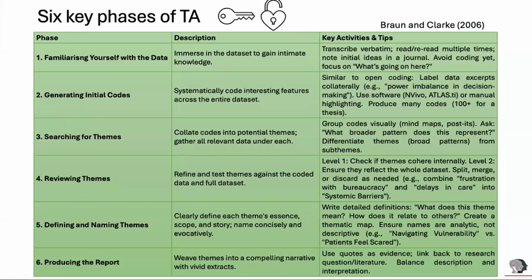And the second level would be to ensure that the themes reflect the whole data set. And like I've mentioned, you don't want to miss out any of those interesting issues that you coded as you initially started your process of data analysis. So it's very important to be looking back to your data set and see which aspect of your data set is not fully covered by the themes that you have.